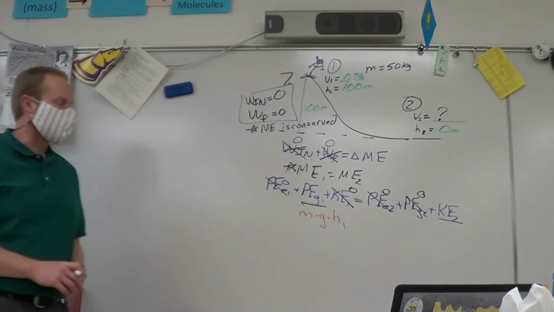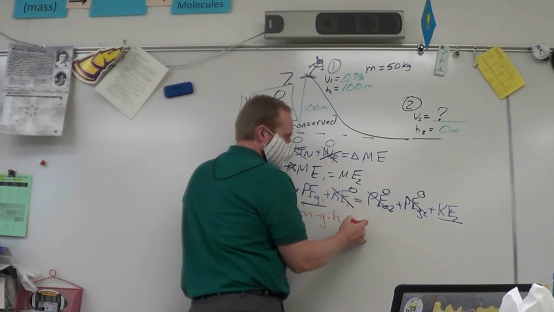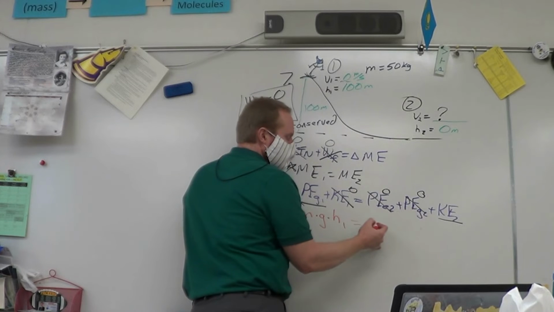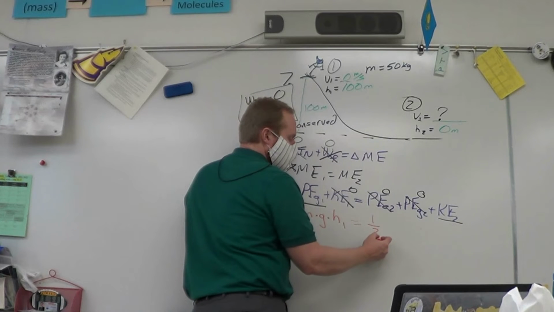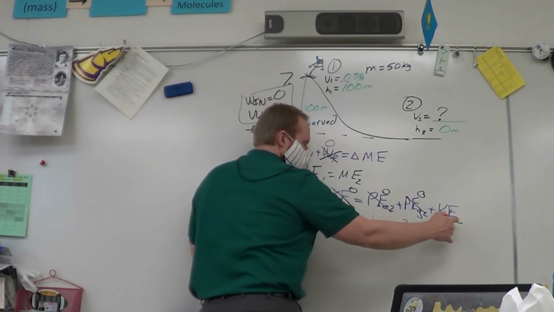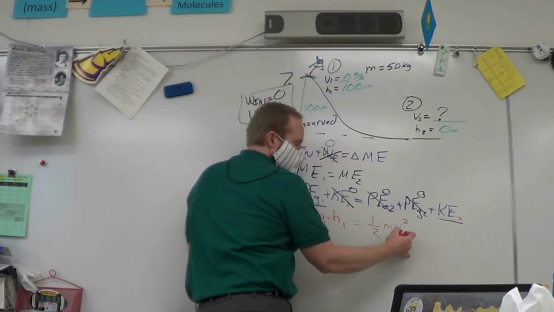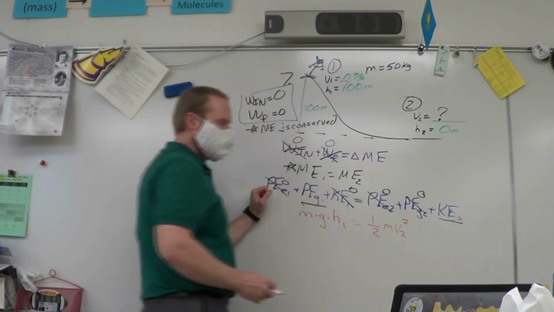That's the value we're going to end up plugging in. And we got a 0 equals 0 plus 0. And our kinetic energy equation is 1/2 mv squared. But since we're talking about KE2, this needs to be V2.